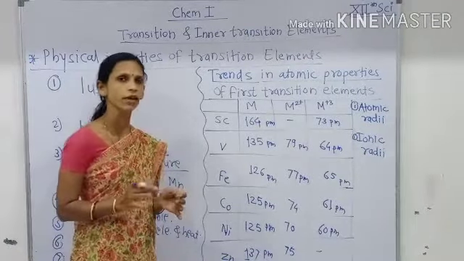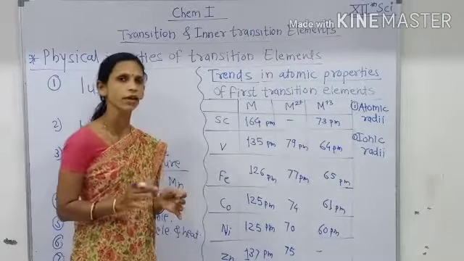Now the trend in atomic radii in the first transition series elements, that is from scandium to zinc. In the first transition series, from scandium to zinc, atomic radii gradually decrease.